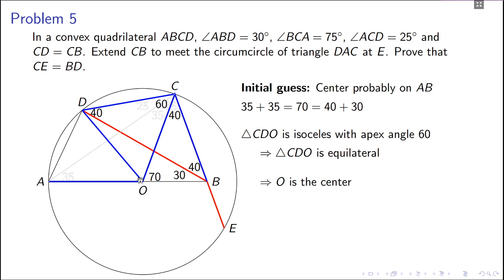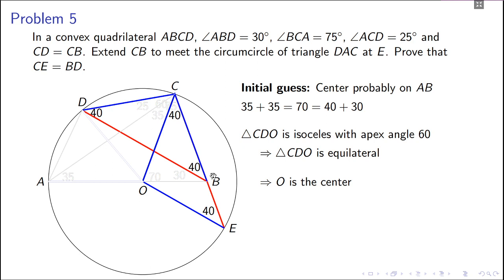So you have seen this, and after that it's actually quite easy. You join OE, so these two sides are equal. This angle is 40, so this is also 40, and now you remove this and look at the triangles BDC and COE. They have two sides of the same length and two angles the same, so they are congruent.